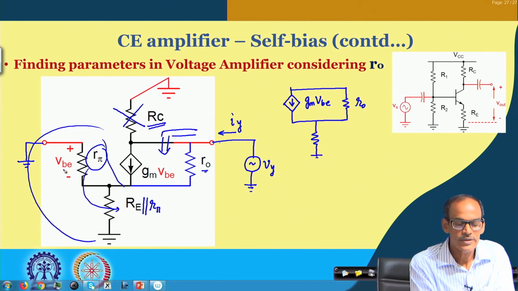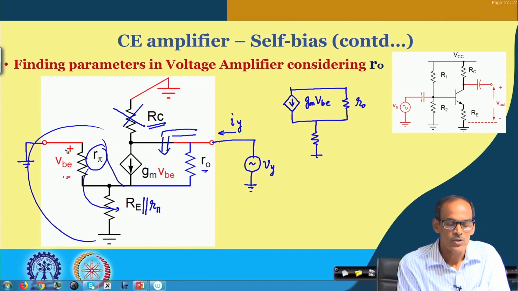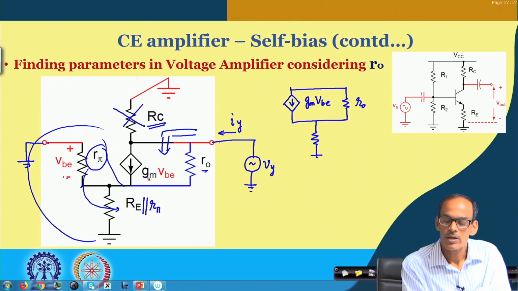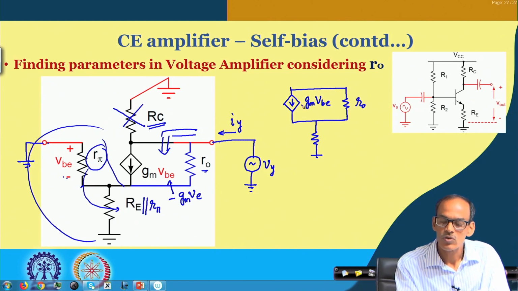Incidentally this is VBE, with minus here and plus here. Since the base is connected to ground and the emitter has some non-zero voltage, we may write VBE as minus VE, so the source is Gm into VE with a minus sign.